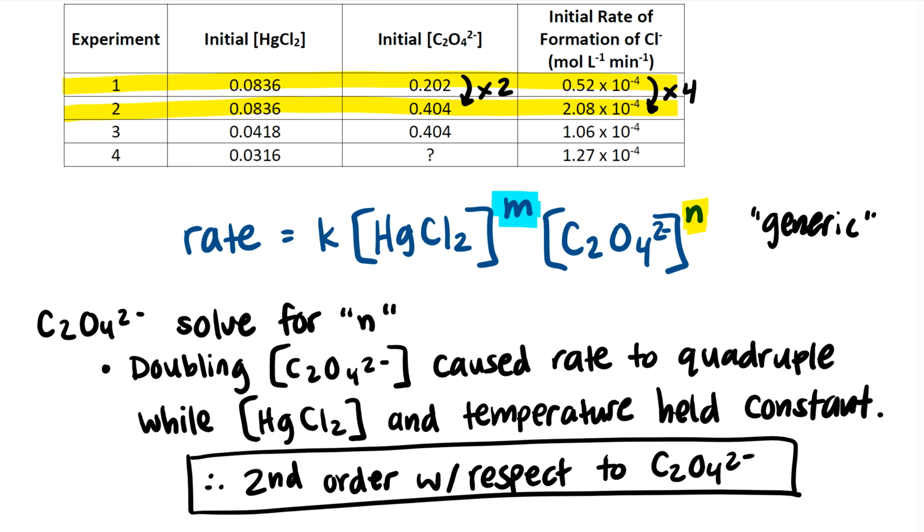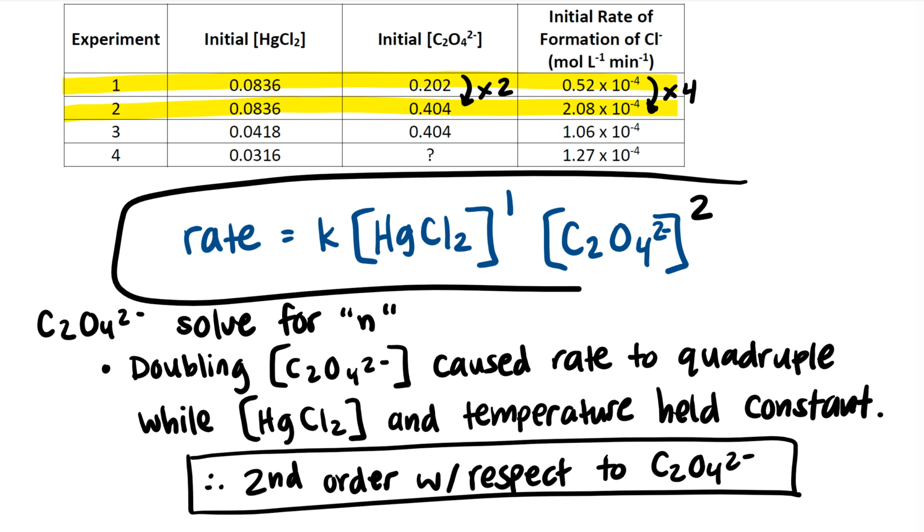We said that the reaction was first order with respect to the mercury chloride, so it gets an exponent of 1. We said that it was second order with respect to the oxalate ion, so it gets an exponent of 2. What you have here now is no longer your generic rate expression. This is the answer for part B.